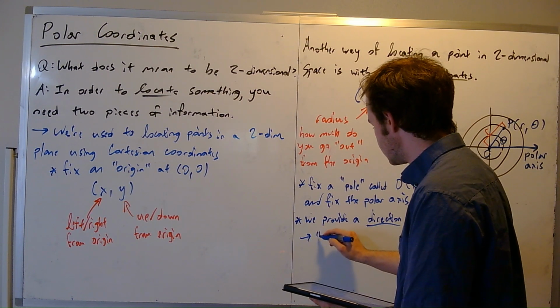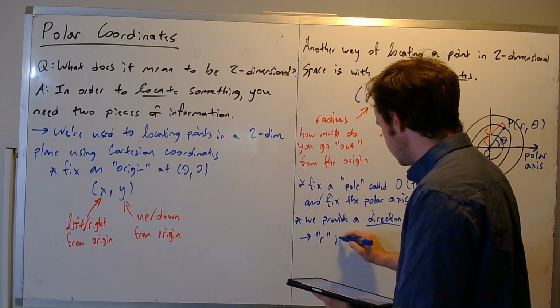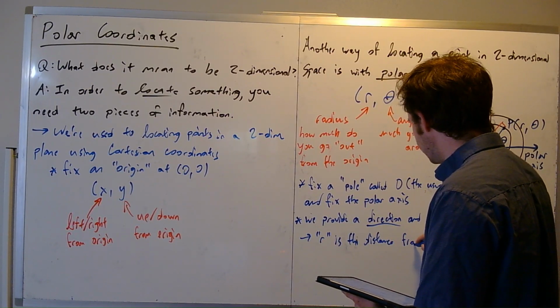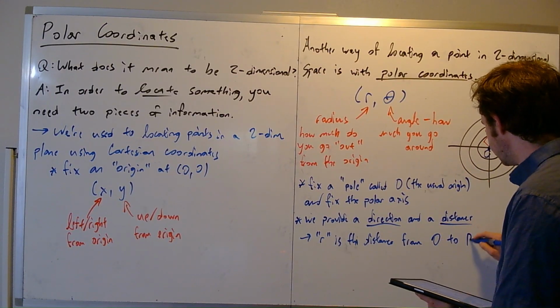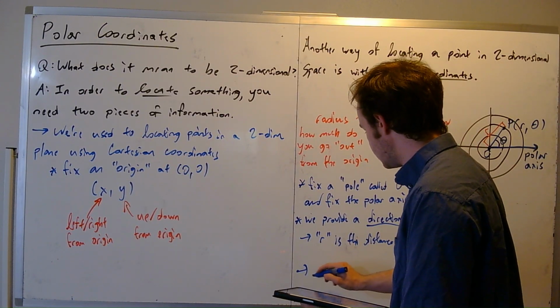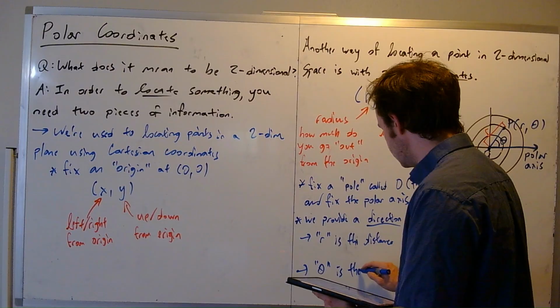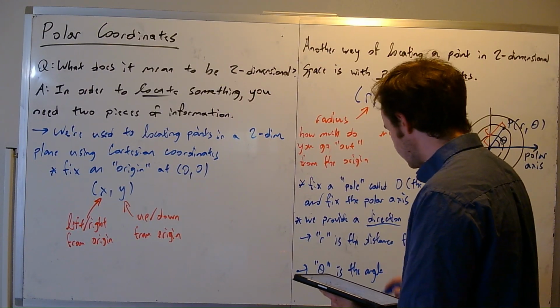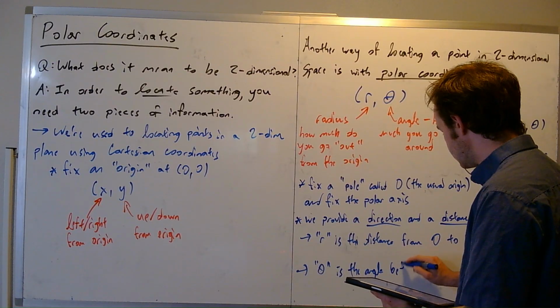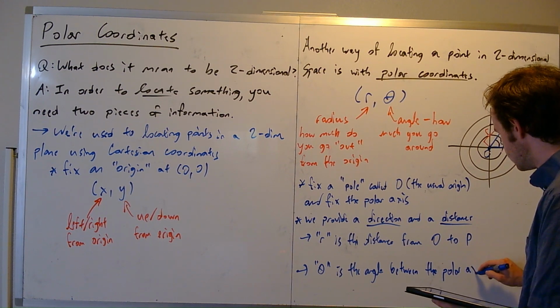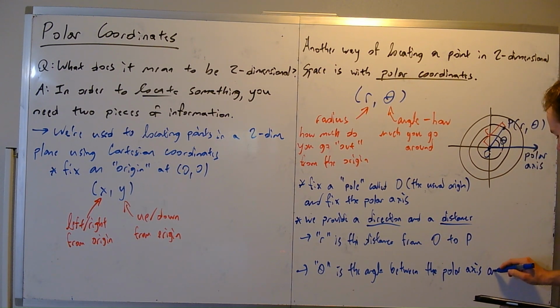Here, r is the distance from O to P. And the second thing here is that theta is the angle between the polar axis and the line OP.